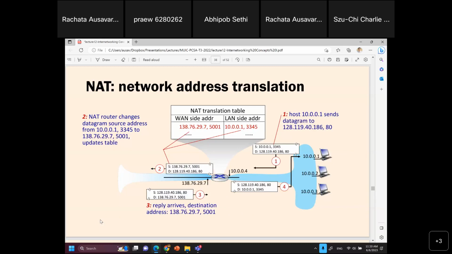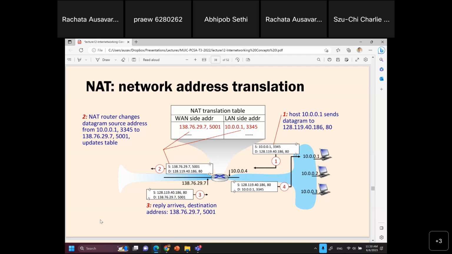Because in a case like 10.0.0.1 port 3345 is now connected to that IP port 5001, my NAT router knows, okay, if there's a connection from 10.0.0.1 to this address, it knows where to go.